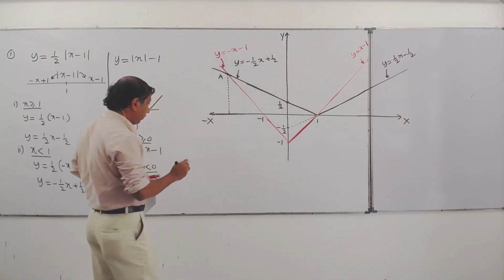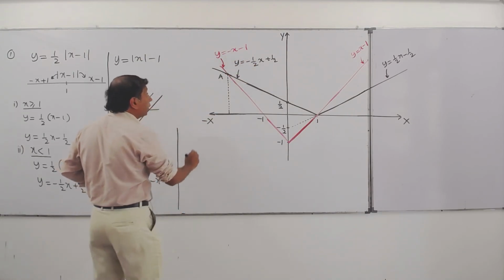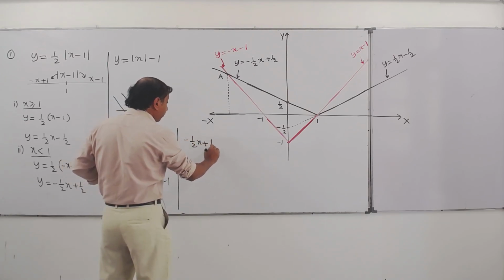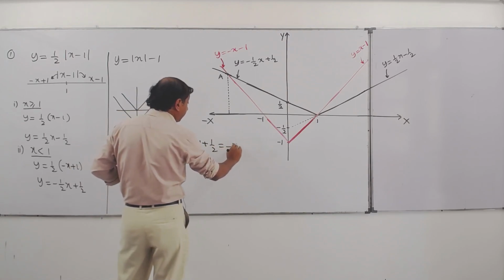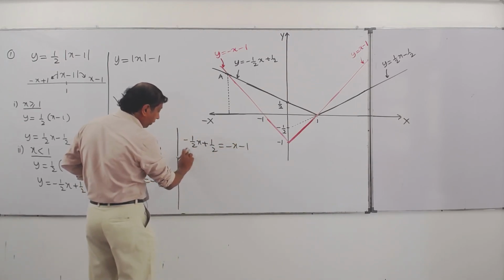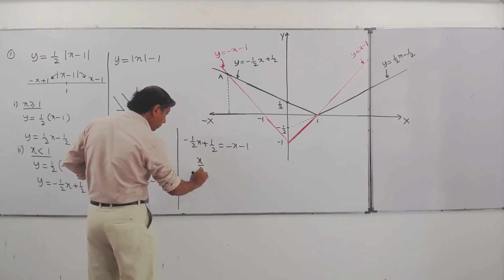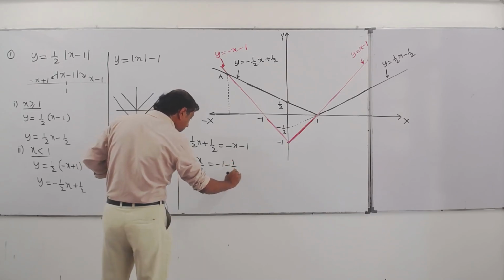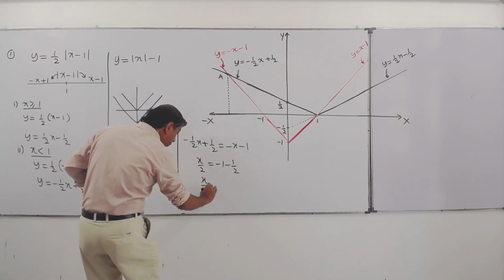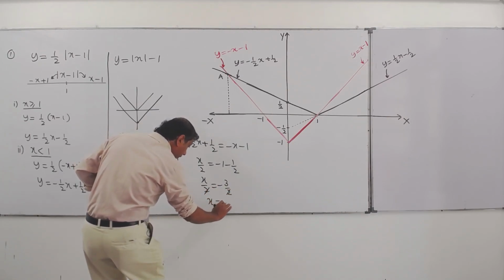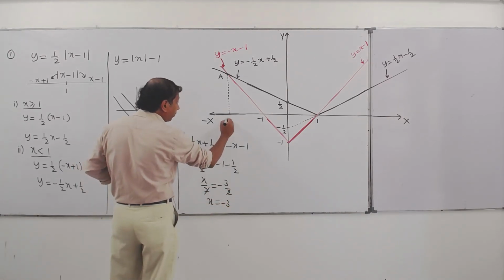If I solve that, minus half x plus half is equal to minus x minus 1. Bring this side, plus x minus half x means x by 2. Take this to the right hand side, minus 1 minus half. X by 2 is minus 3 by 2. Cancel down, x is minus 3. Here minus 3.